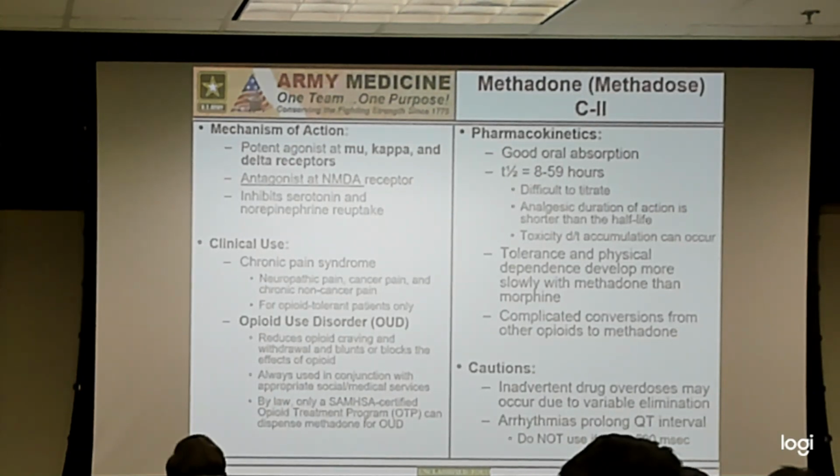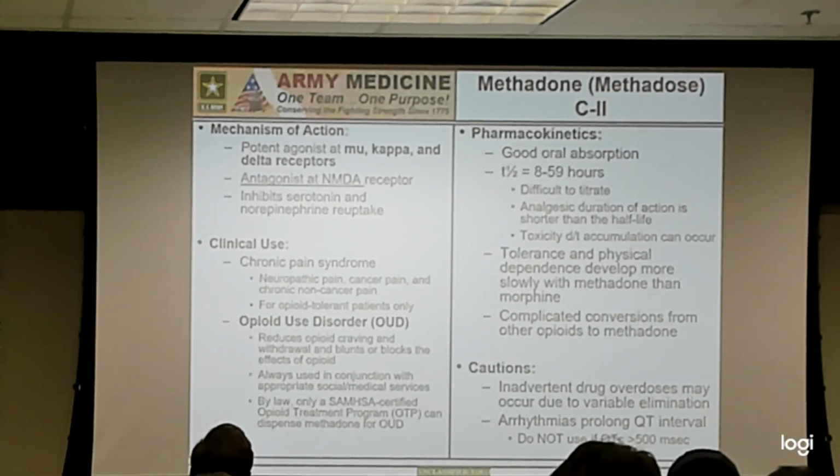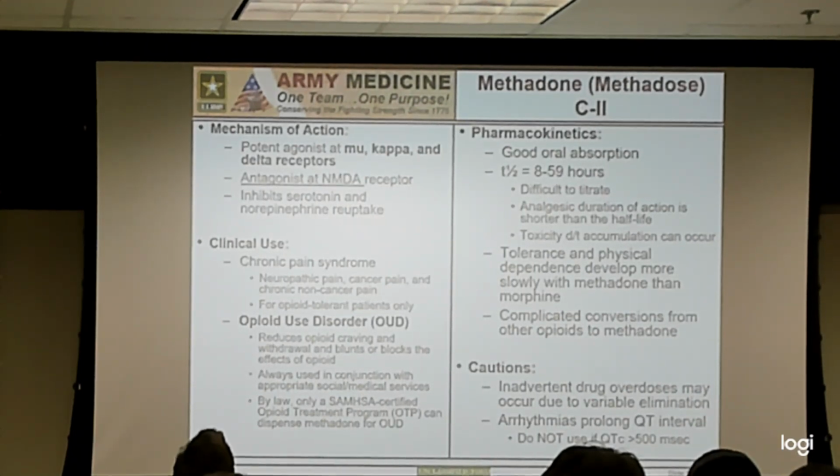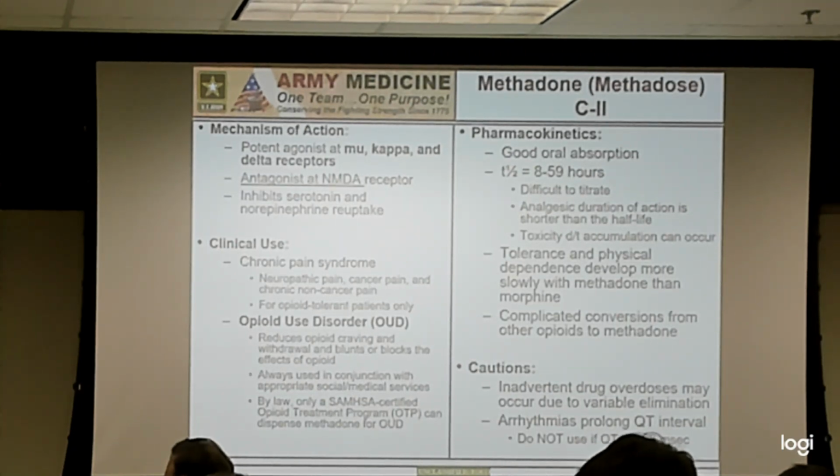We're going to try to use our adjuncts that we have, our gabapentin, our pregabalin, before we use these. And they also don't produce as much euphoria that you see with your other opioids, okay? So this is very unique, and they will also use this a lot in patients who have chronic pain.